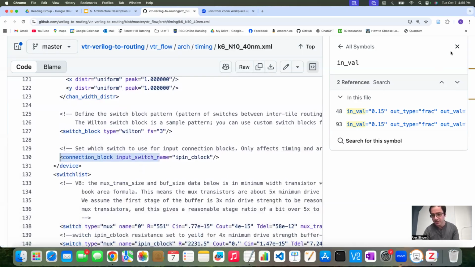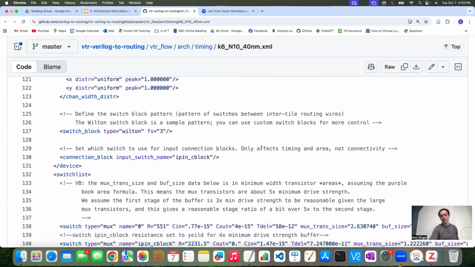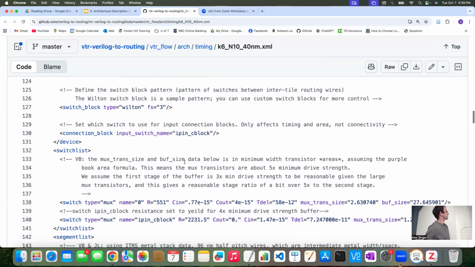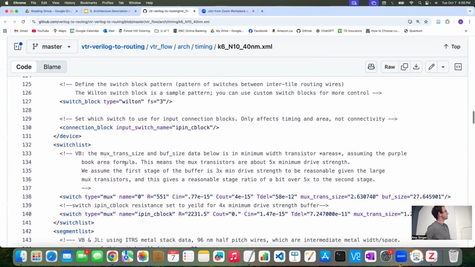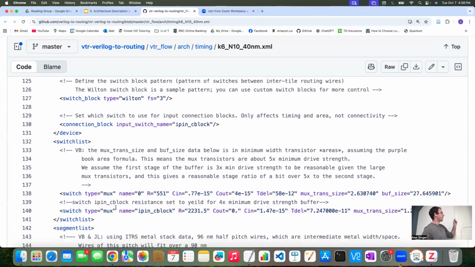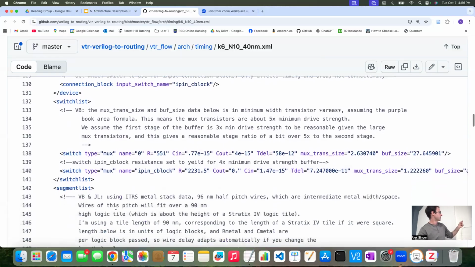So that's what this thing over here is trying to say. It only affects the timing in the area, but the connectivity was defined within the tile. To be honest, I wish it was defined here because that would make it nice and clean. But as I said, different tile types will probably have different connection blocks. So that's why this one just defines the timing characteristics. And this switch list right here, as I said before, is just defining the timing characteristics of those switch types.